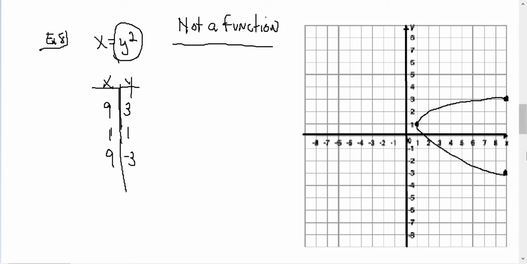Okay, and I can see I have a point here and a point here, and these are both on the 9. So that's my first indication that it's not a function.